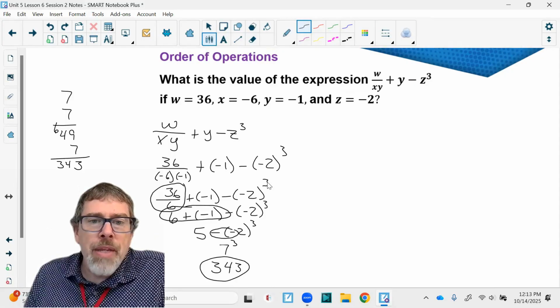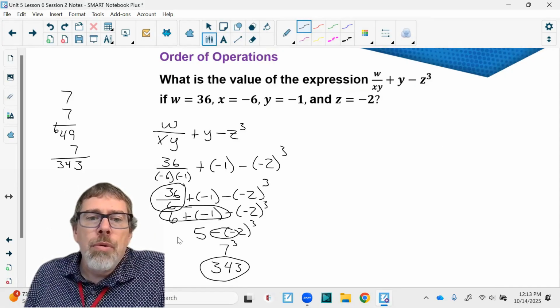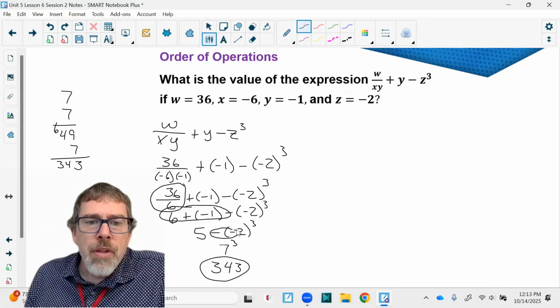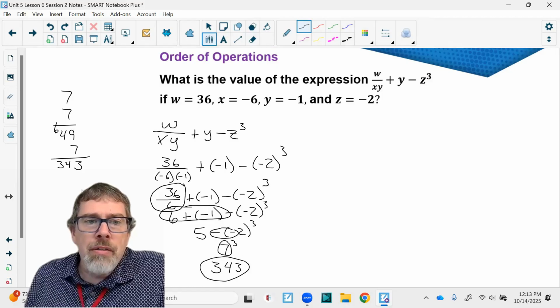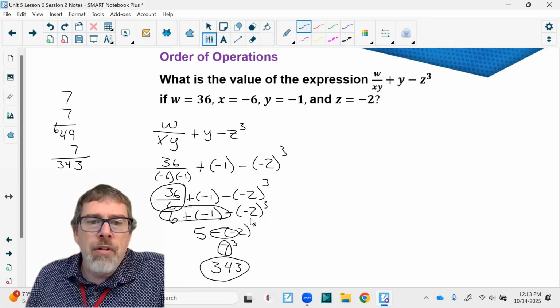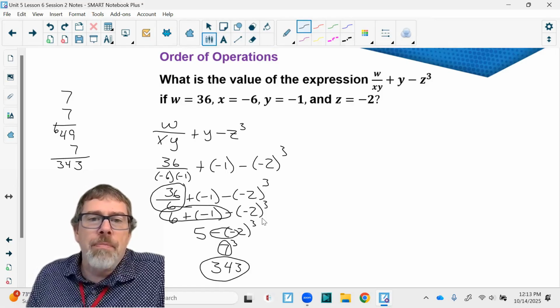This should be -8. When we're just working left to right, we're changing the base to 7. And 7 to the third power is a lot bigger, as you can see, 343, than -2 to the third power, which is -8.